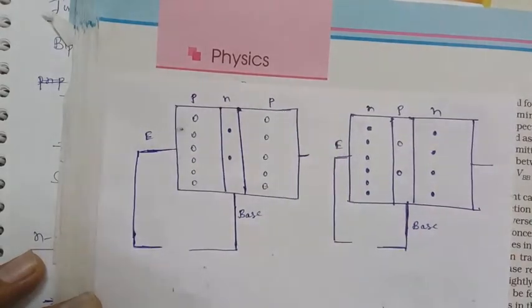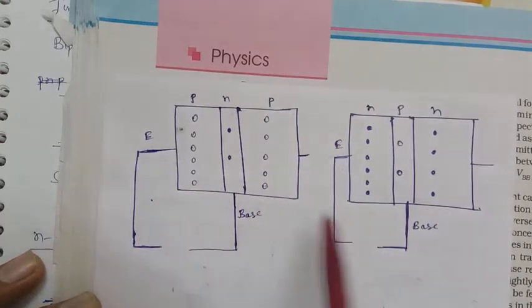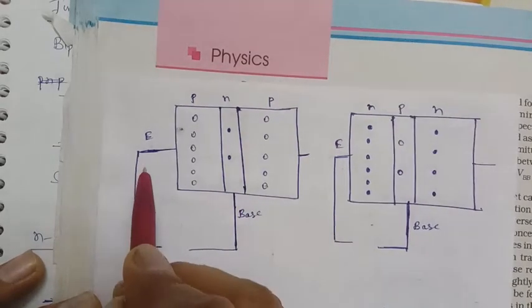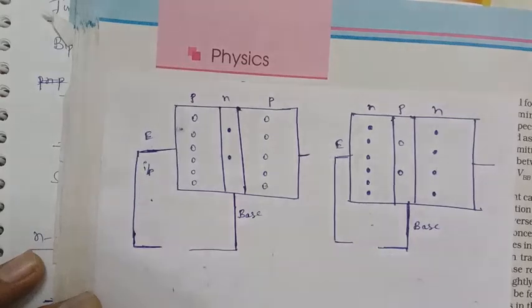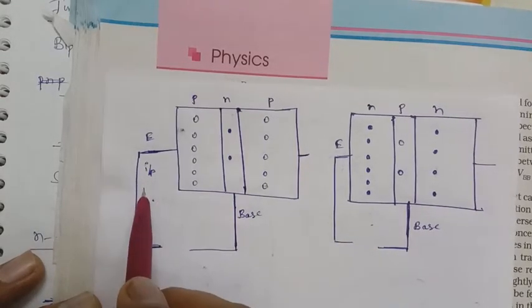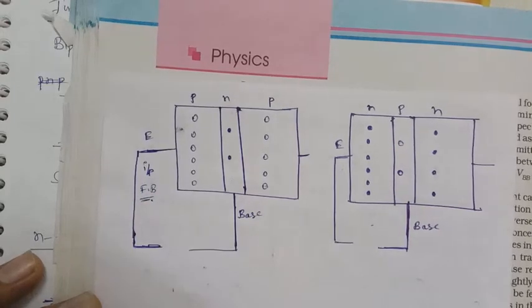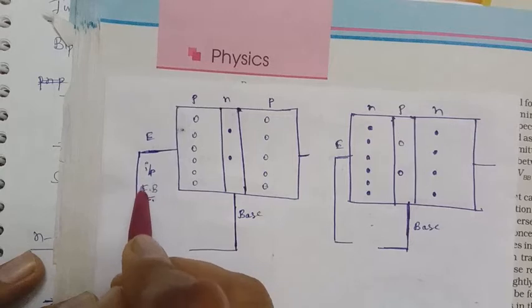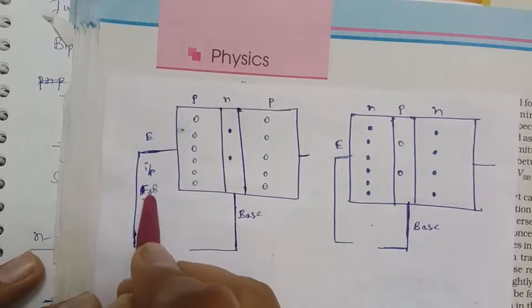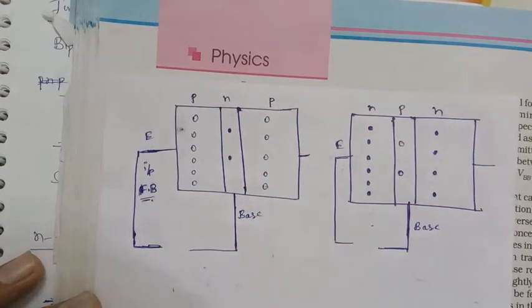So it is the input, here it is also input. This input part is in forward bias. Compulsorily it is in forward bias, then the transistor is in active state. First remember this point: here it is the input part. This input is always in forward bias.